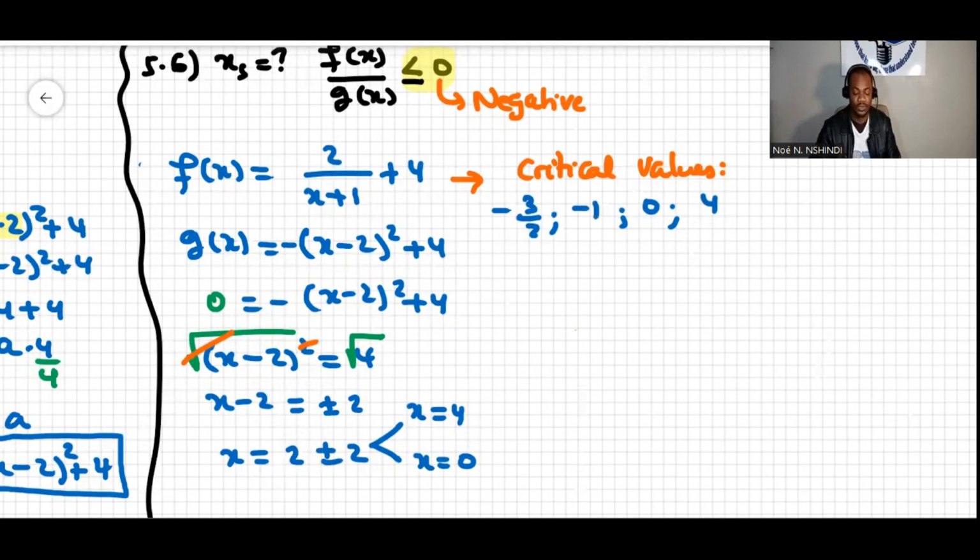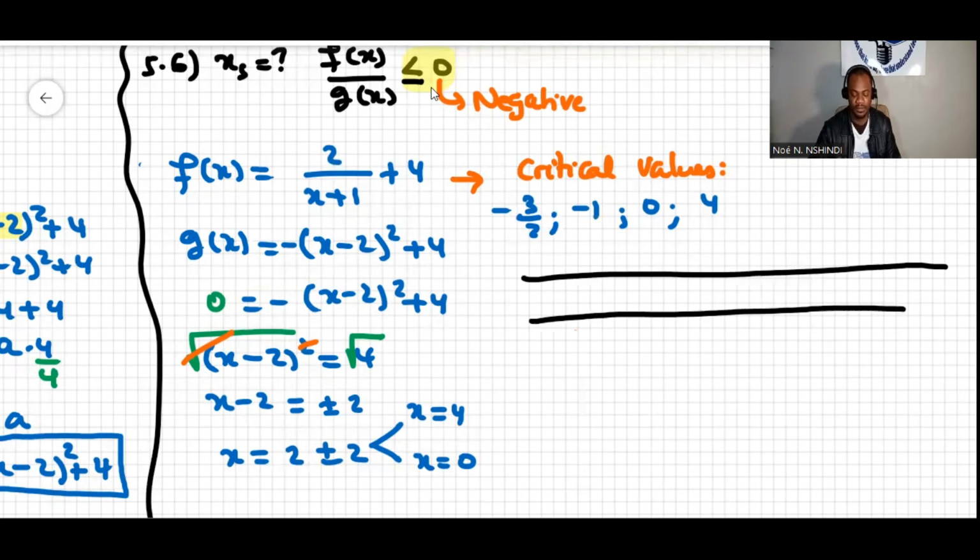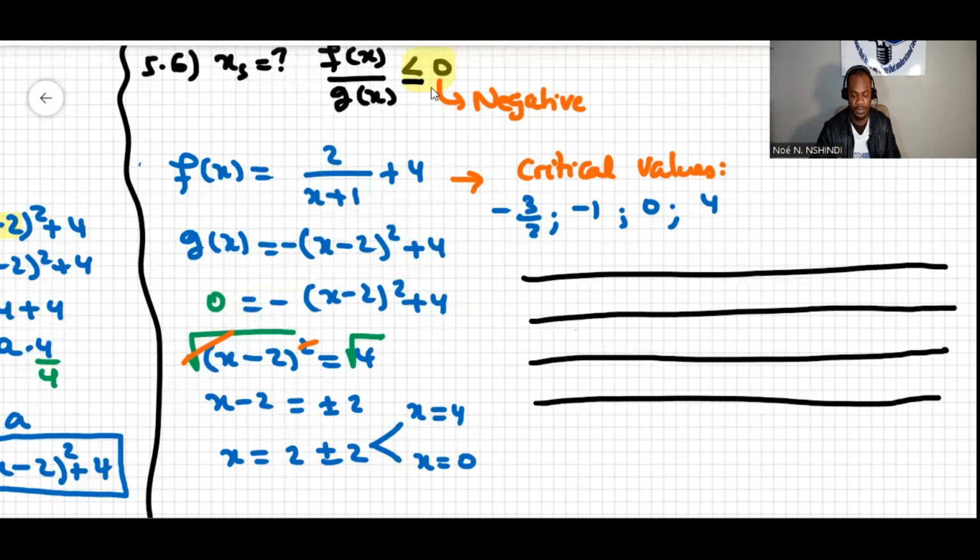Now to find the interval over which f of x over g of x is less than or equal to 0, we're going to do that with the help of a table. I'm going to draw my table here, like this. Here I'm going to write the x values.